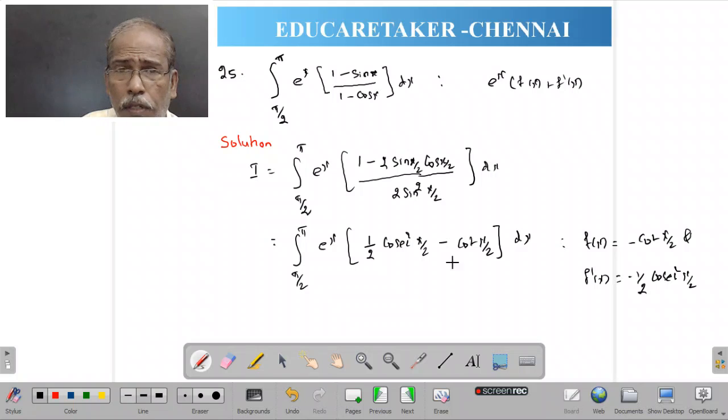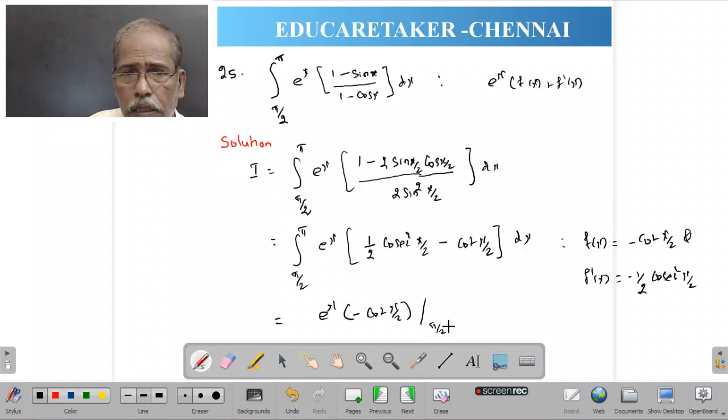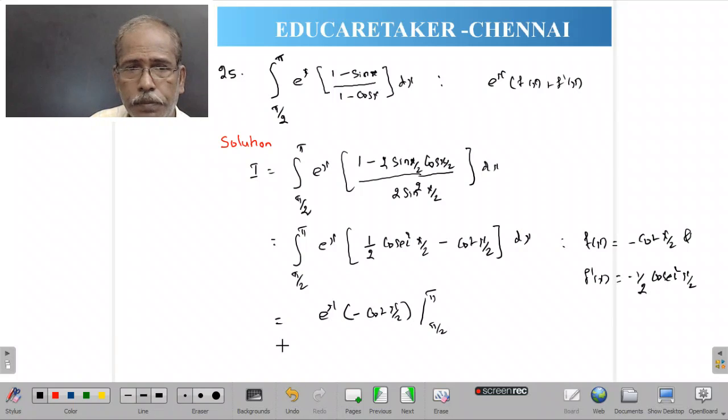So this is of the form f of x plus f dash of x in the e power x. Understood? So what is its integrated value? E power x into minus cot x by 2 is the integrated value. We have to apply the lower limit and upper limit to get the final answer.